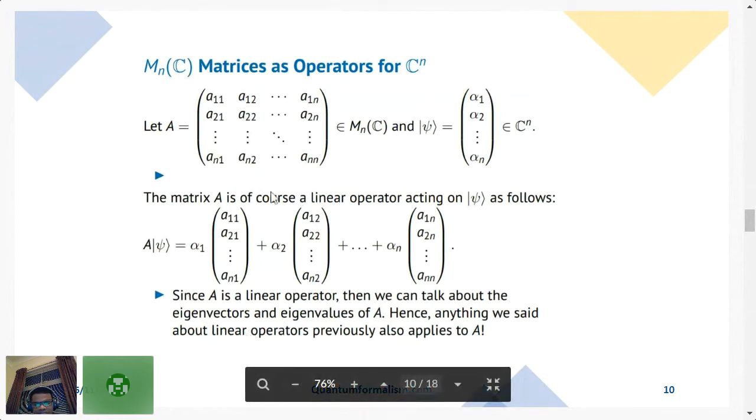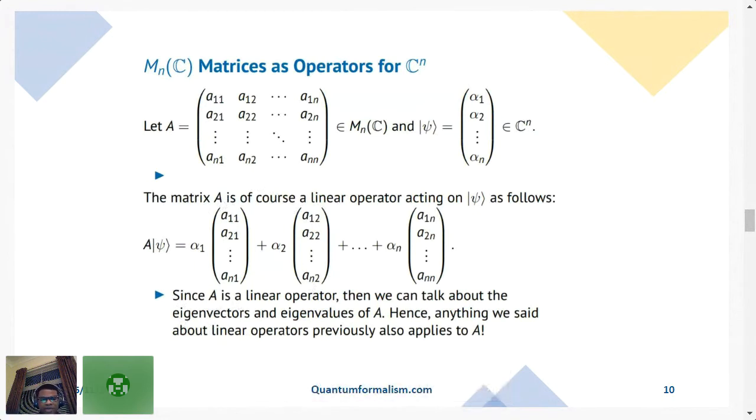Because A is a linear operator, obviously all the stuff that we mentioned about operators also applies to A: things like eigenvectors, eigenvalues, and so on. One thing I forgot to include on this slide is to show you that for any abstract linear operator on Cn, by fixing a basis we can generate a corresponding n by n matrix.